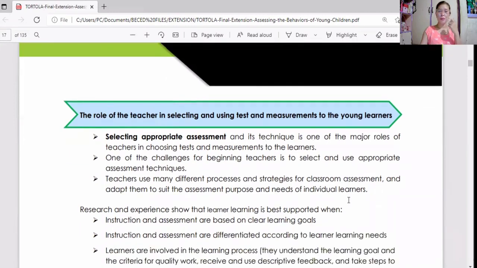One of the challenges for beginning teachers is to select and use appropriate assessment technique. Say, for example, we would like to measure the prior knowledge of our children before siya mag-daycare.